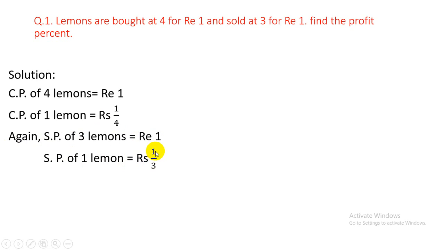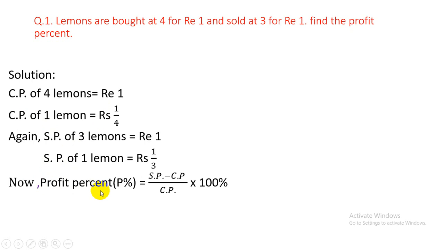Here, this 1 by 3 is greater than 1 by 4. It means SP is greater than CP. So we have profit.